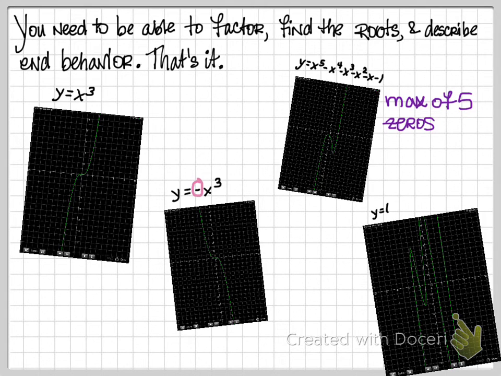So that means one of your factors is x plus 3, because if you replace x with -3, -3 plus 3 is 0. Another one of your factors is x plus 2. X plus 1 is another one, because it's crossing at -1.